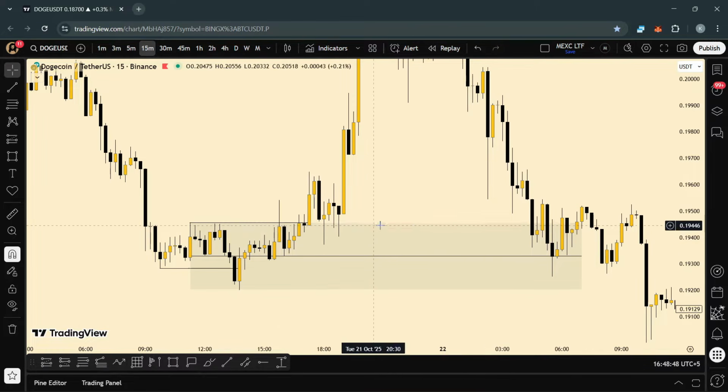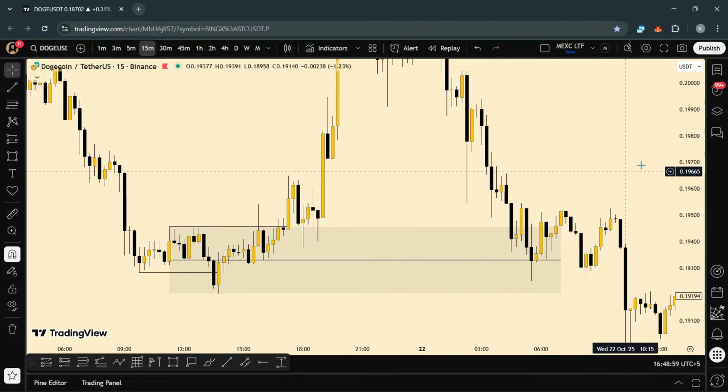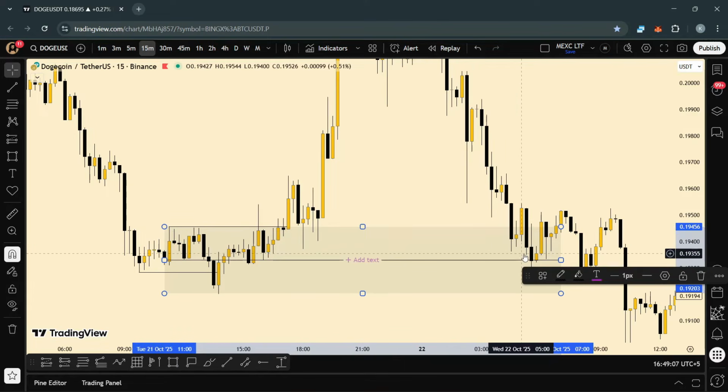What happens later on when the price comes back after some days, maybe one day, it taps the 50%, gives you the 1-to-1, and then it does whatever it wants. We don't really care about that. All we care about is the fact that we got our 1-to-1 and it then just drops.